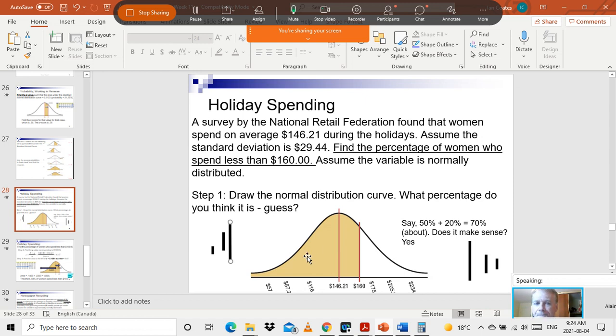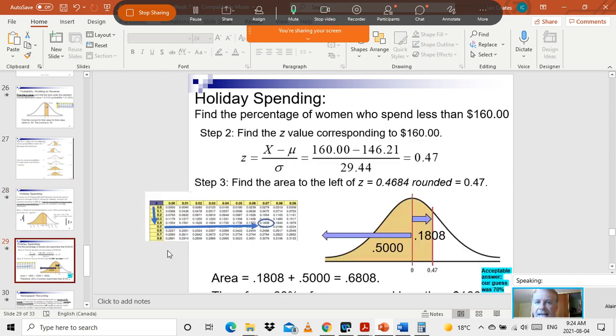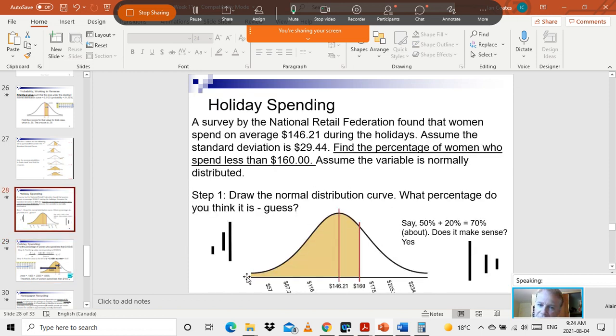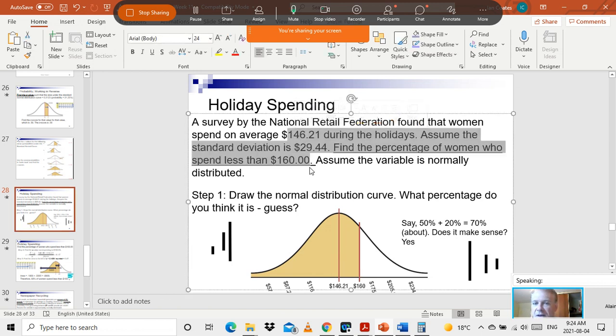Okay, so now what do we have to do? I already know this probability, but for this one here I need to standardize it. We take this information and use our z-score.